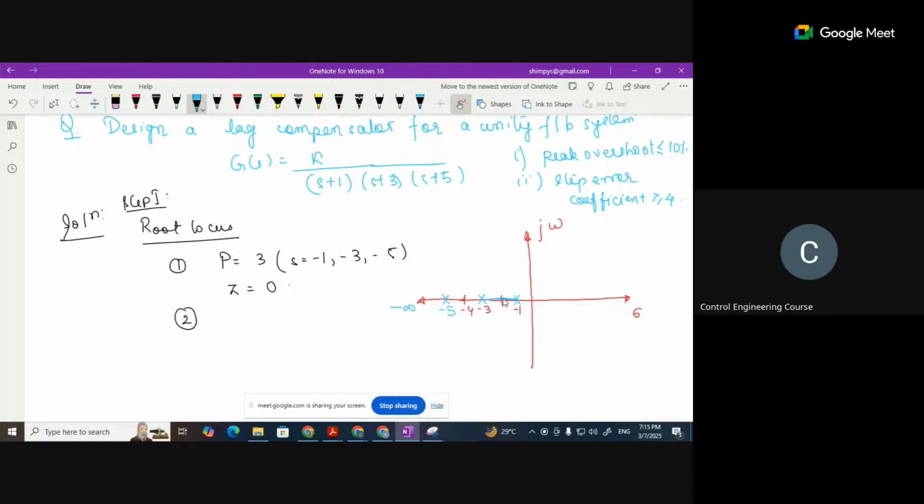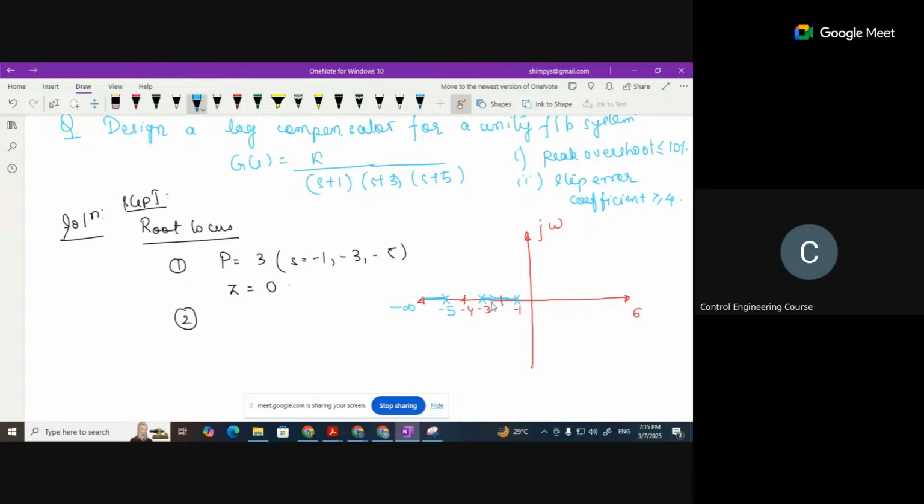Come to -5, again 2 poles, even number, so no root locus branch will lie between -5 and -3. Come to minus infinity: if you stand at minus infinity and look towards -5, -3, -1, there are 3 poles, an odd number. So definitely there will be a root locus branch between -5 and minus infinity. Clear this one? So what are the directions?